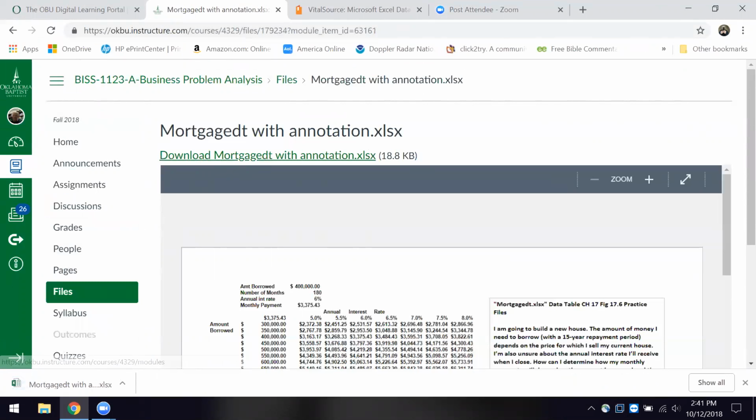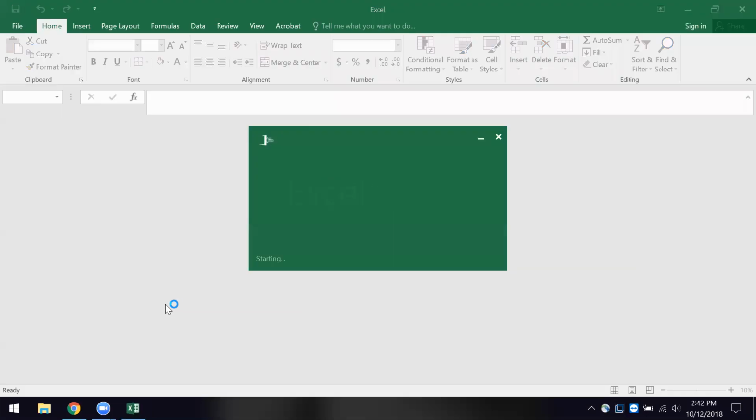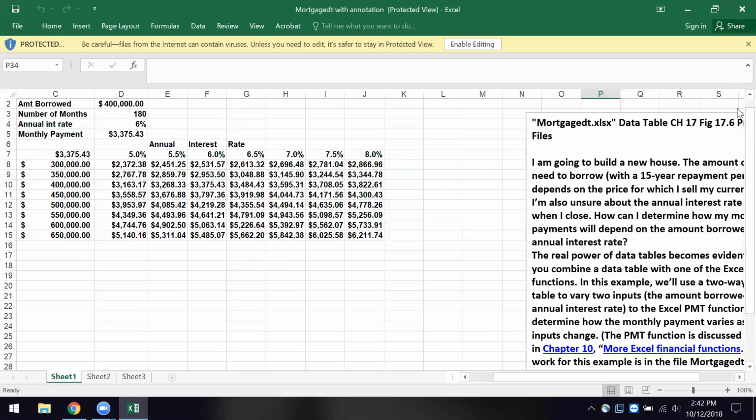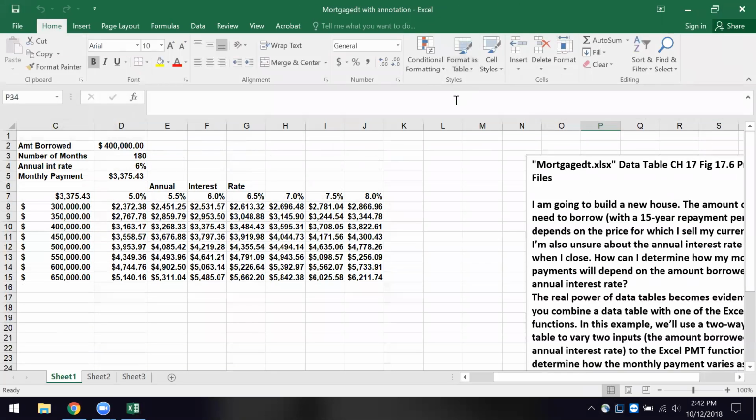And so we'll open this up and we'll take a look at it. And when I think the text is too dense or a little confusing, I'll try to go ahead and do this using the annotation.